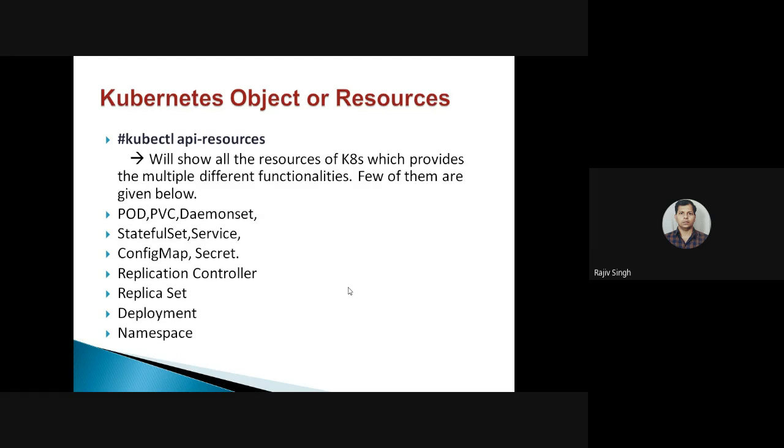A few are mentioned here, but there are many more not mentioned. We will discuss these resources: pod, PVC (persistent volume claim), daemon set, stateful set, services, config map, secret, replication controller, replica set, deployment, and namespace. All these are the resources, or objects, of Kubernetes, which provide multiple functionalities. We will discuss these.